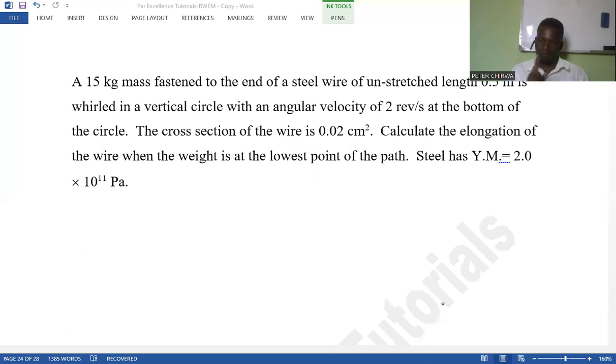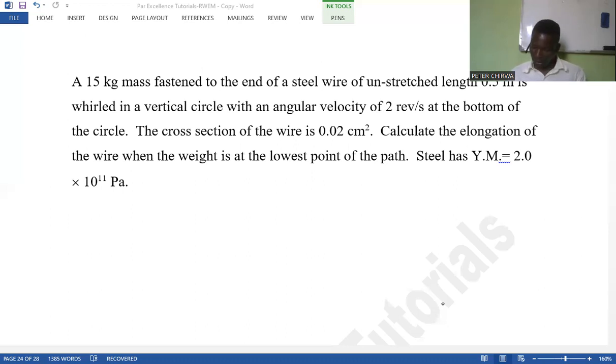All right, so it's moving like that in a vertical, not horizontally, but in a vertical. The cross-section area of the wire is 0.02 square centimeter. Calculate the elongation of the wire when the weight is at the lowest point of the path. Steel has Young modulus 2 by 10 to the power 11 Pascal.